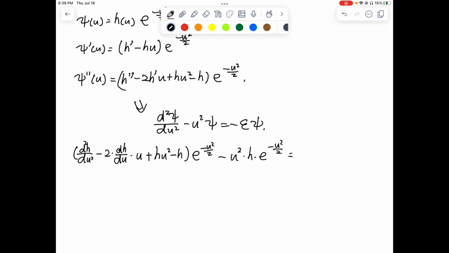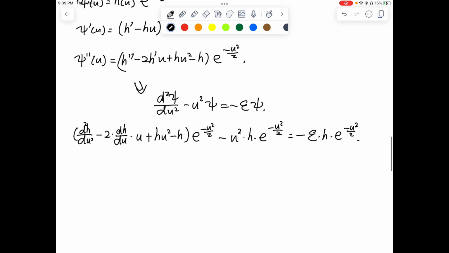And this is going to be equal to negative epsilon times the wave function. Now we can just cancel out e to the negative u squared over 2 because it's on both sides of the equation.